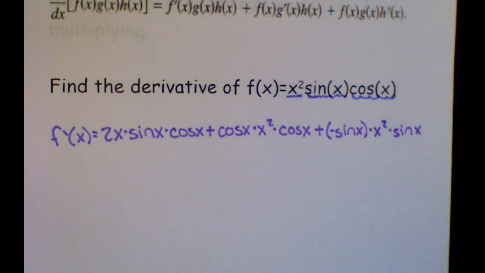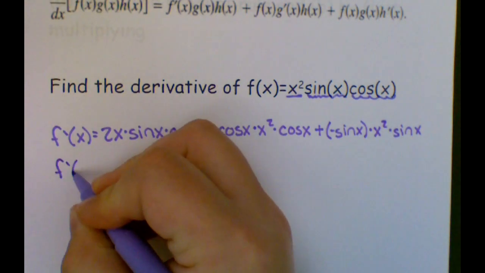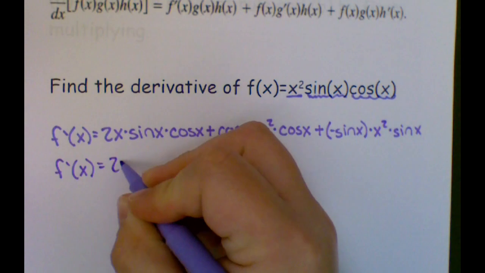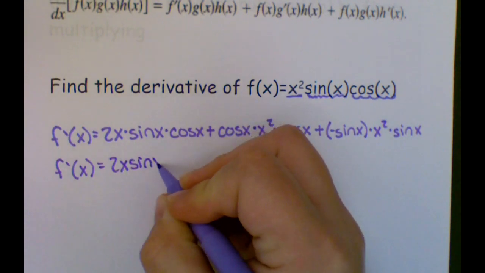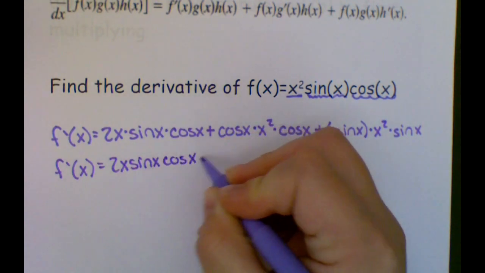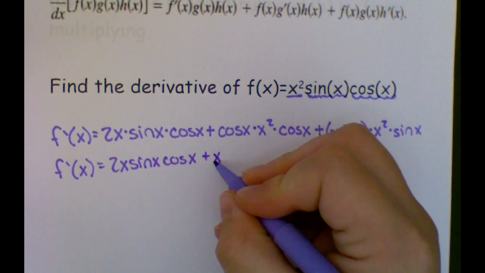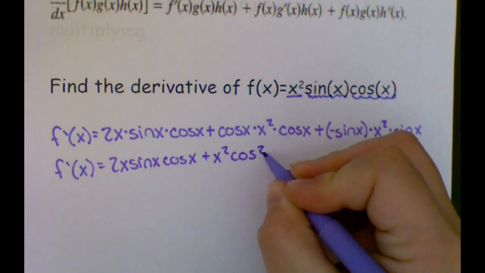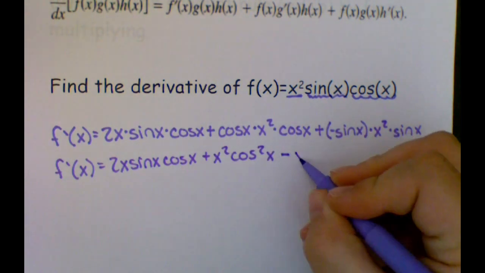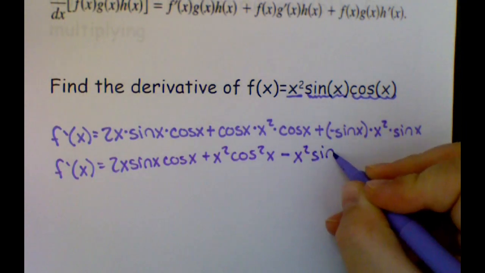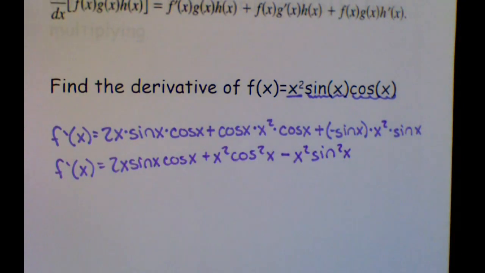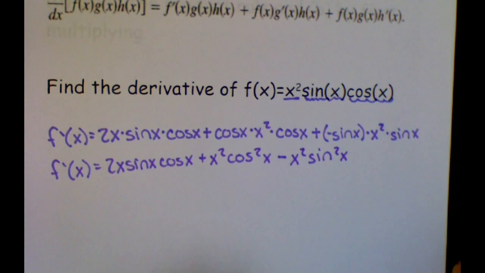Now we do a little simplifying. We get f prime of x equals 2x sine x cosine x plus x squared cosine squared of x minus x squared sine squared of x. And that's where we can leave our derivative.